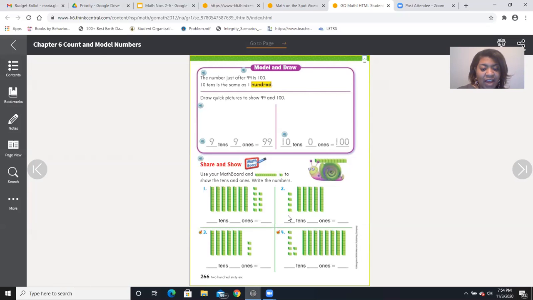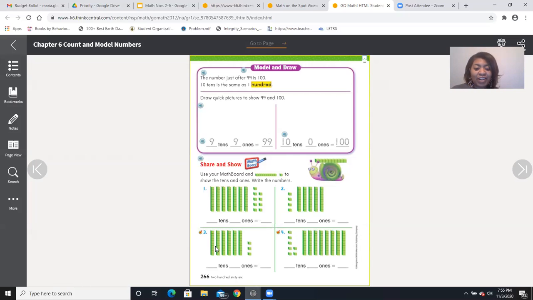So we're going to write 5 right here. 5 tens, 4 ones. Let's see what that number is. Start with your tens first. 10, 20, 30, 40, 50, 51, 52, 53, 54.